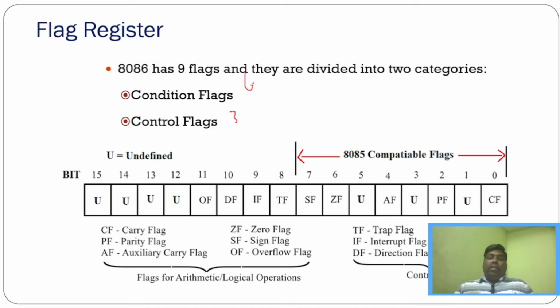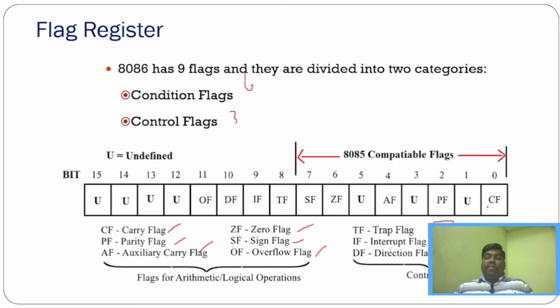And the control flags have separate control operations, right? You can see here CF is the carry flag, PF is the parity flag, AF is the auxiliary carry flag, ZF is the zero flag, SF is the sign flag, and OF is the overflow flag. And these are the 3 control flags: trap flag, interrupt flag and direction flag, right?